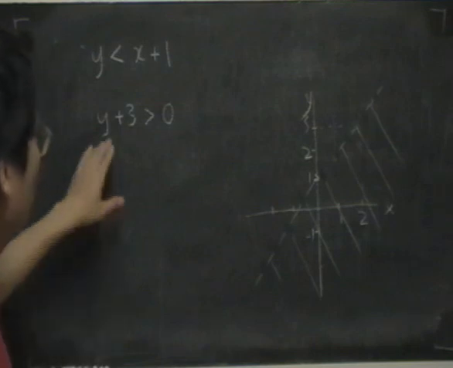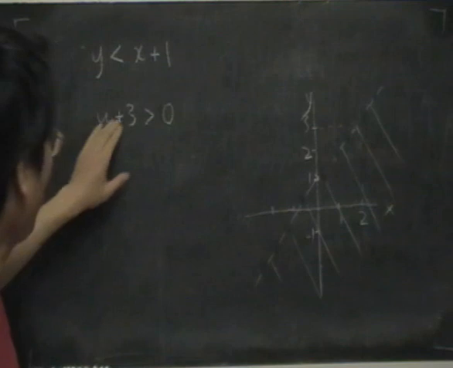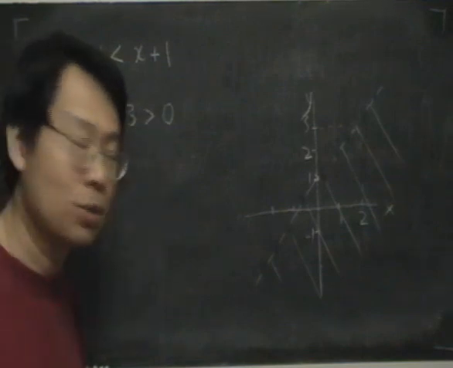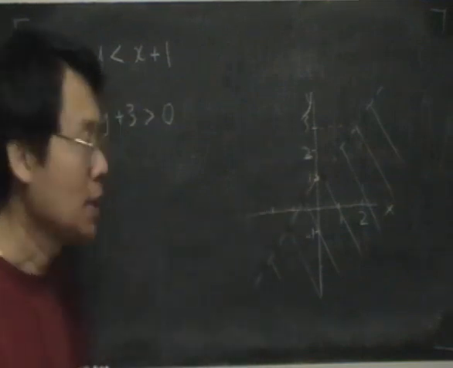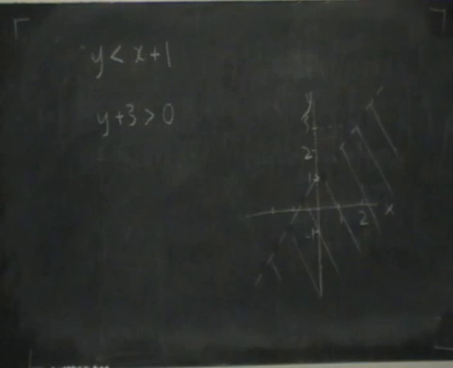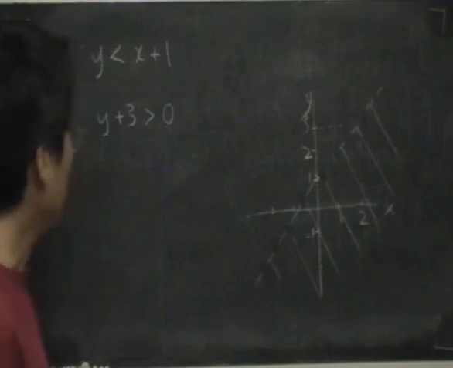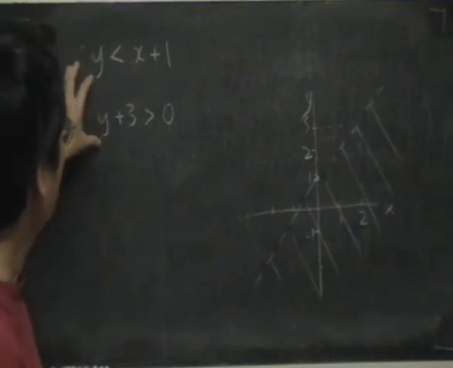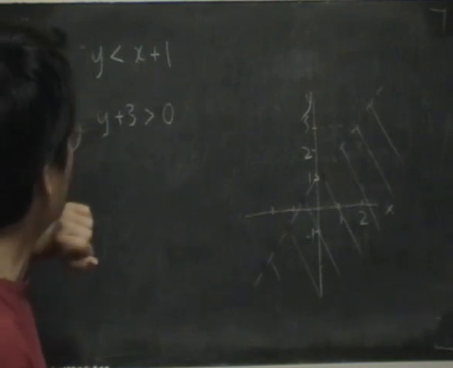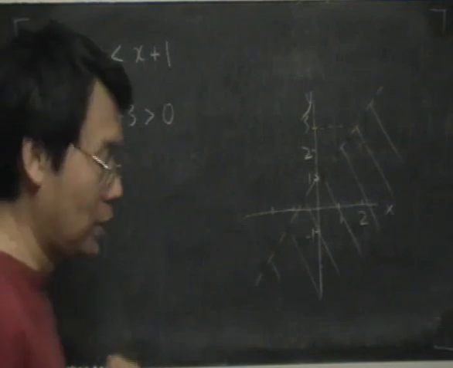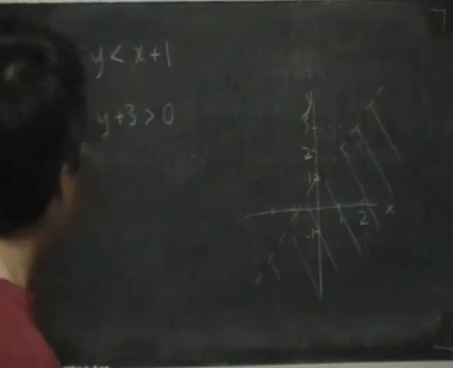Okay, so how would I represent y plus 3 greater than 0 on this graph? So first of all, it is convenient to write that as an equation. So that's the first step.